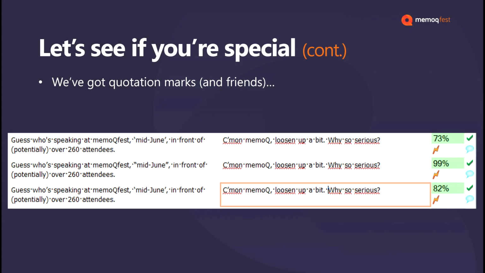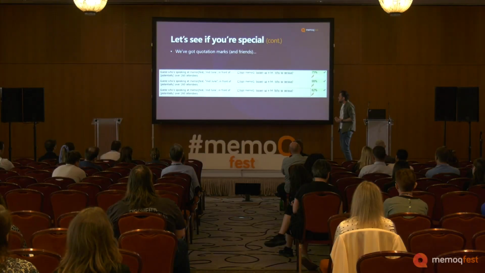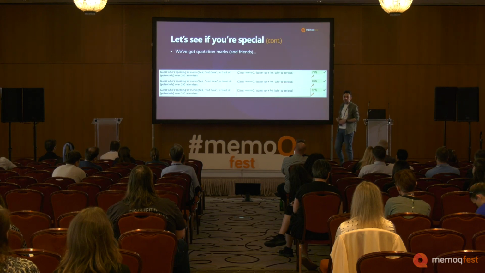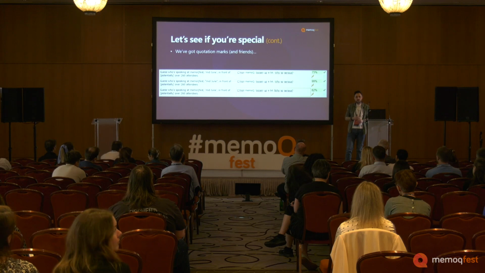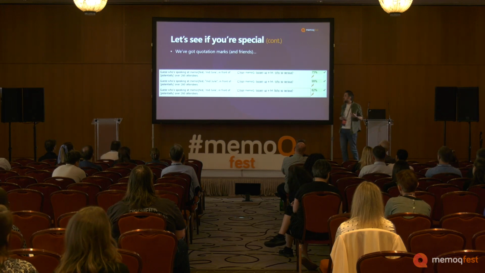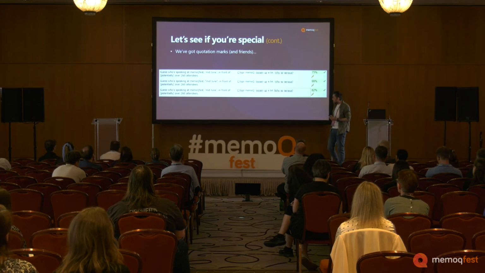We've got quotation marks and friends. I think this problem actually created the whole idea of my presentation, because we had a project where we had the apostrophe straight, and then it wasn't straight, and so on and so forth.